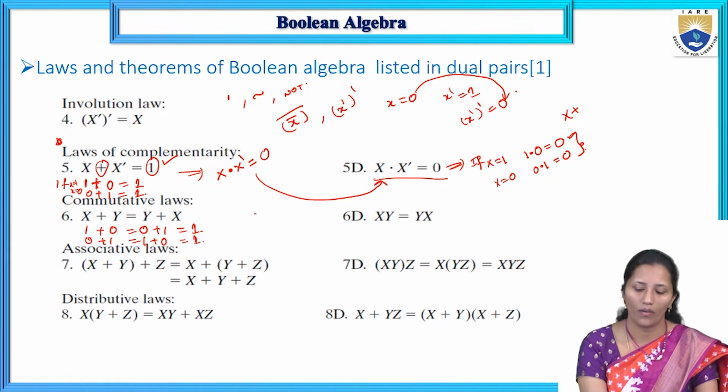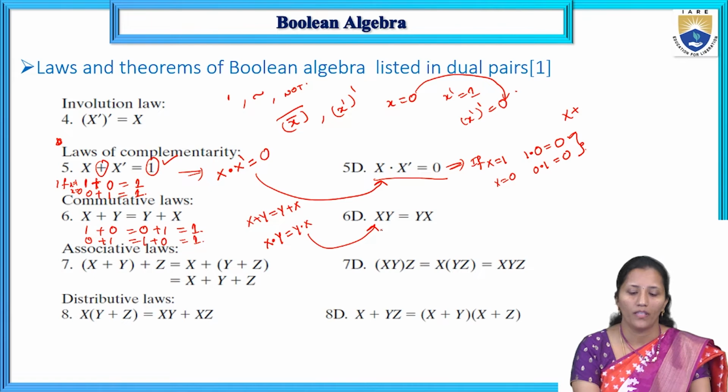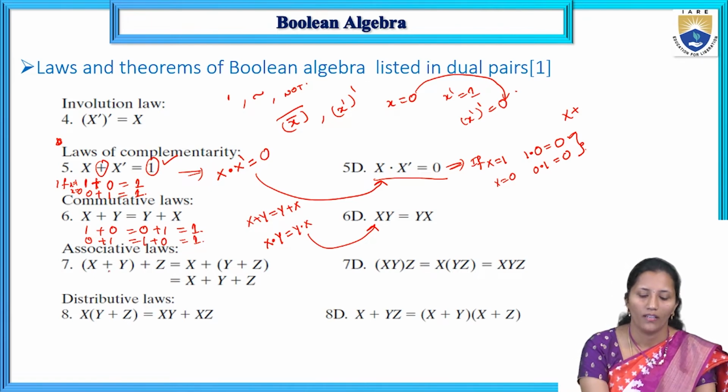And how can we write the duality of this equation? Variables will not change, only the logical operator: plus will become the AND operator, x dot y and y dot x. So the duality of x plus y equals y plus x is xy equals yx.